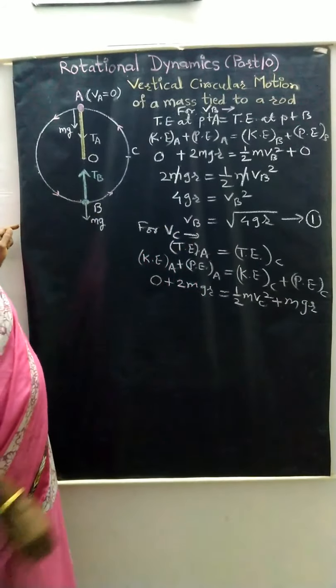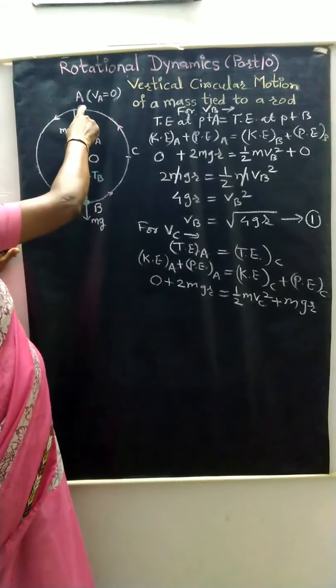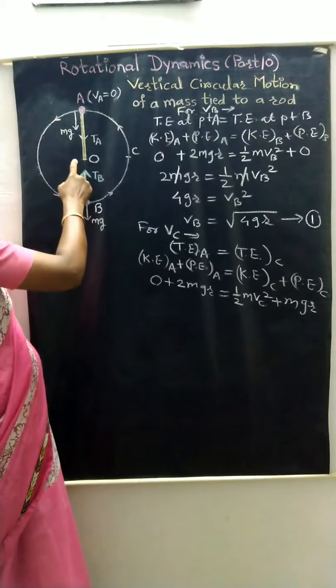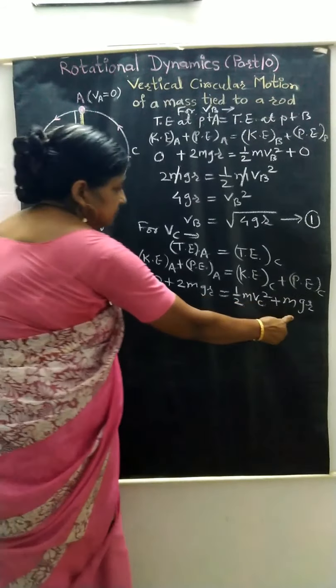We have measured the distance from point B, that is the bottom point. Point A is at a distance 2r and point C is at a distance r. Therefore, the equation becomes this.